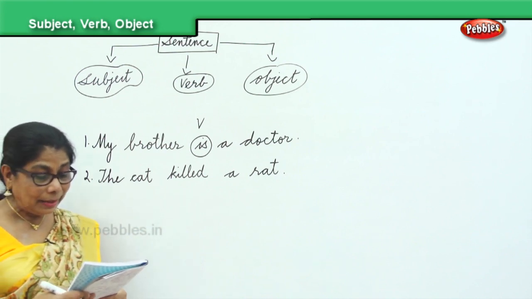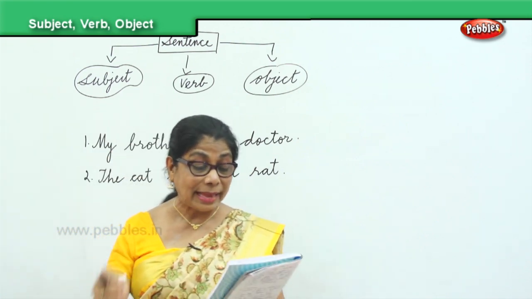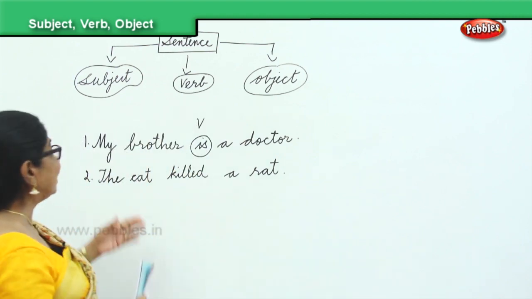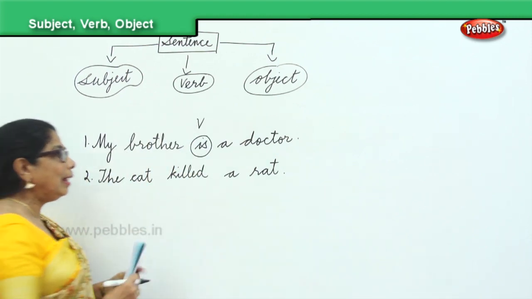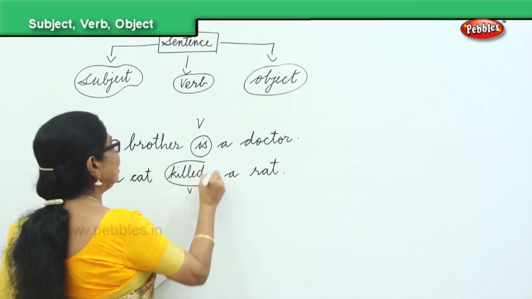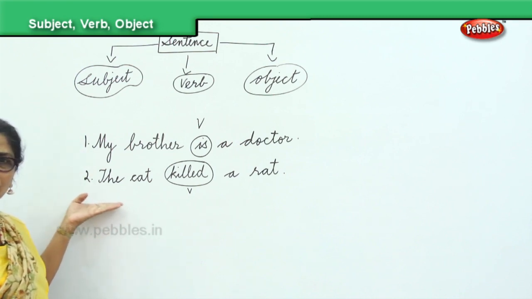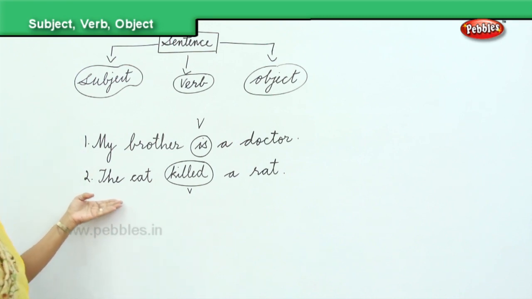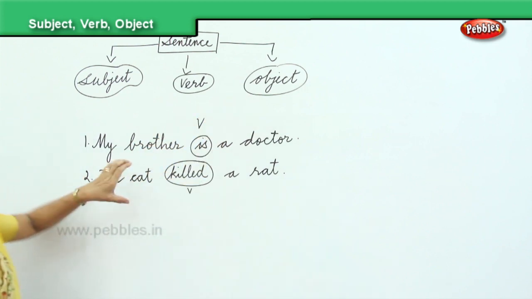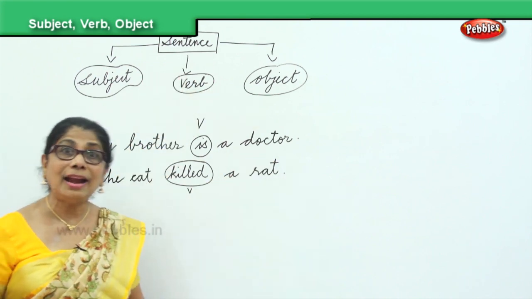Every sentence has a subject that does the action. What action is the cat doing? The cat is killing. Killed. This is the verb. Where is the subject? The cat. And which is the object? The rat. Now, did you get it? Cat is the subject, killed is the verb, the rat is the object.